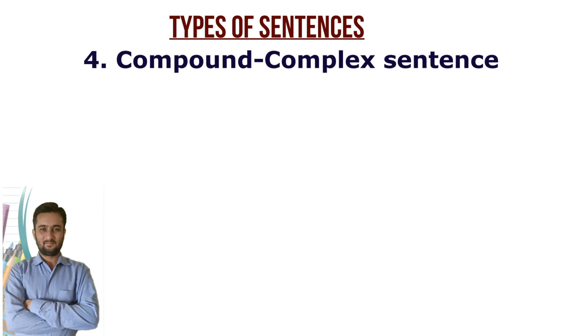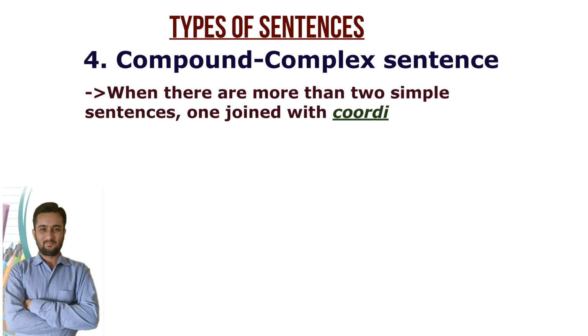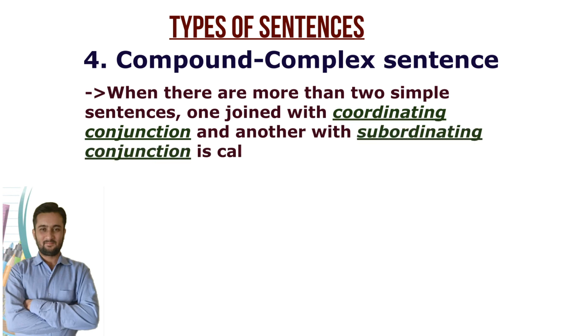Well, now first learn the definition of compound complex sentence. When there are more than two simple sentences, one joined with a coordinating conjunction and another with a subordinating conjunction, that sentence is called compound complex sentence.